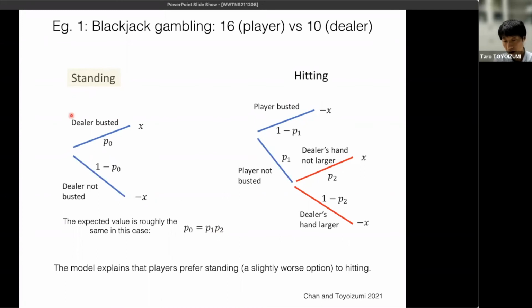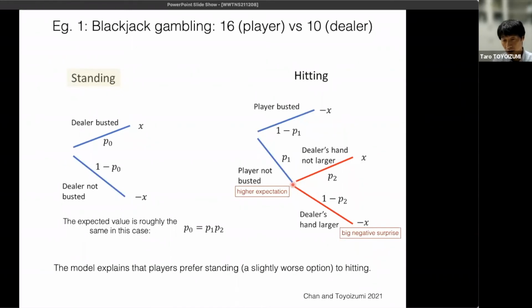And intuitively speaking, compared to the initial stage here, if the player is not busted after hitting, the player's expectation increases. So at this intermediate state, player's expectation is high.